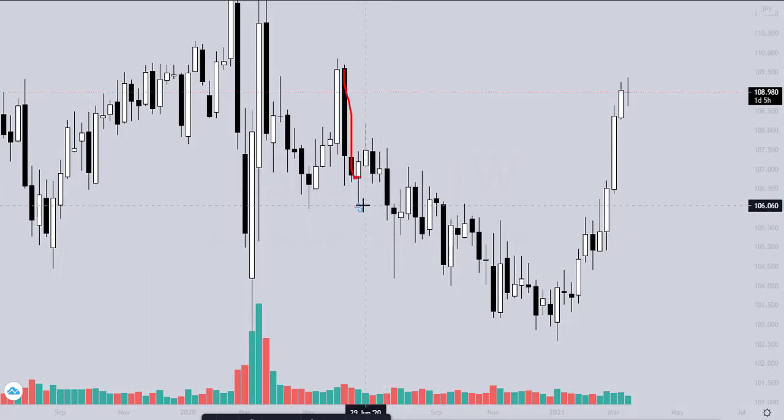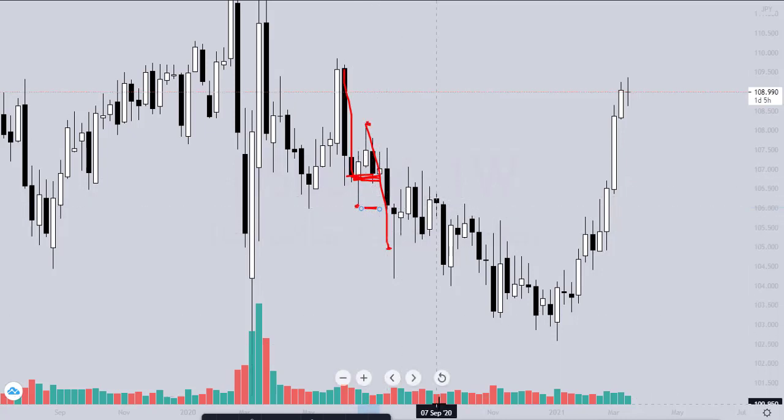Now price goes higher and then rejects this level, and then it goes down. So the first imbalance is right here on the closing price of this downtrend, and then the second imbalance is right here on the candlestick shadow, right?